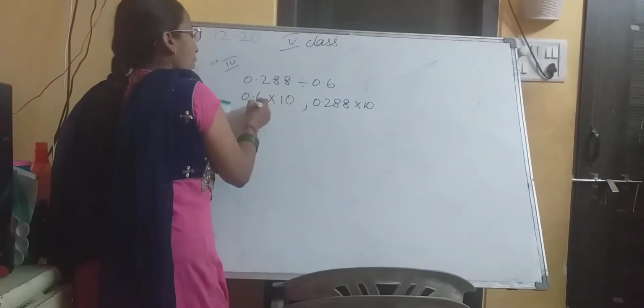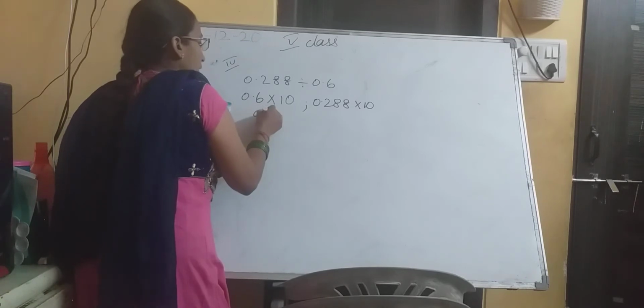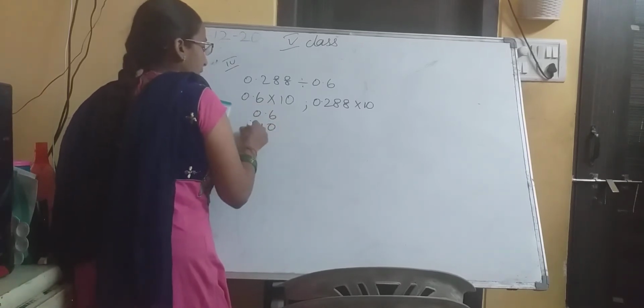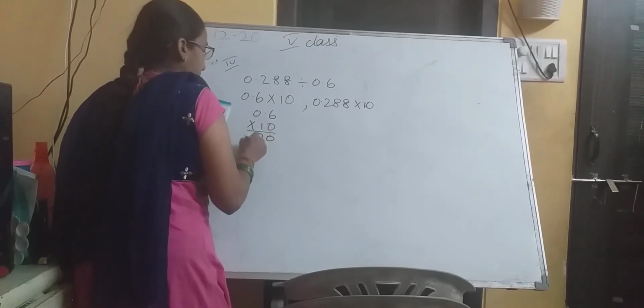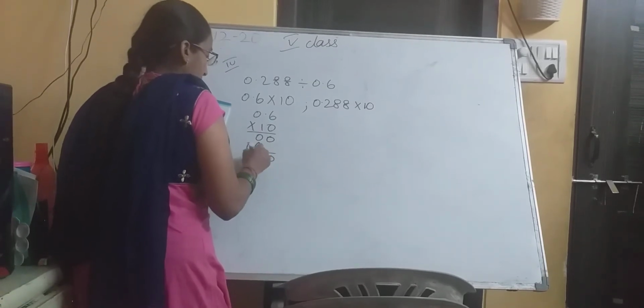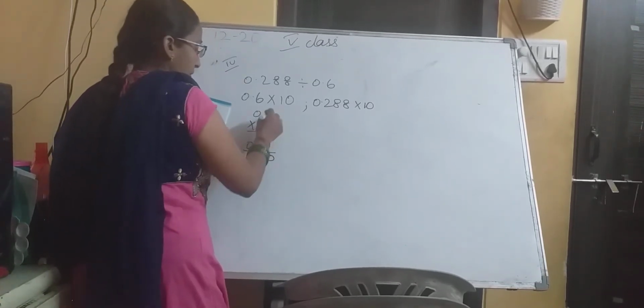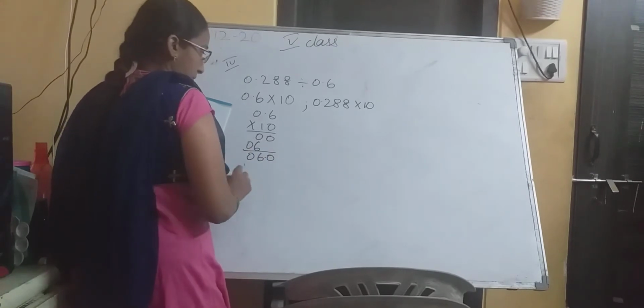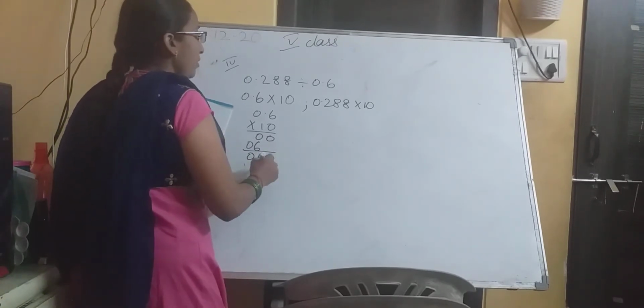So the point will be removed. 0.6 into 10 is 6.